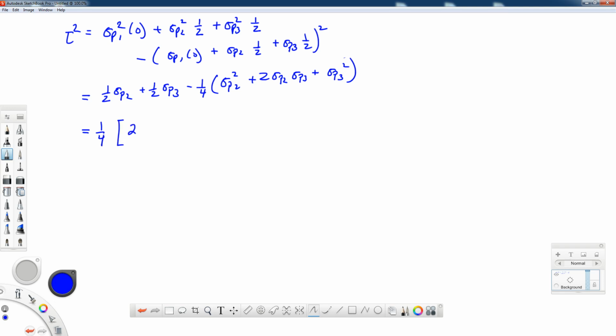It's going to leave me with 2 sigma p2 squared and 2 sigma p3 squared. It's going to leave me with a minus sigma p2 squared and a minus sigma p3 squared and a minus 2 sigma p2 sigma p3.